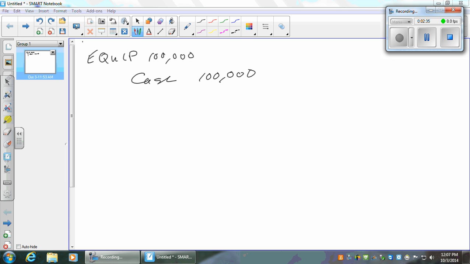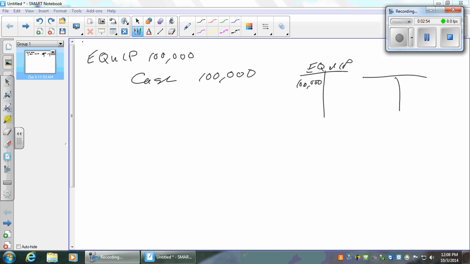You've got equipment with $100,000 in it. That's 100. And we want to reflect that we're using it up. What account will we put the portion we've used up in?